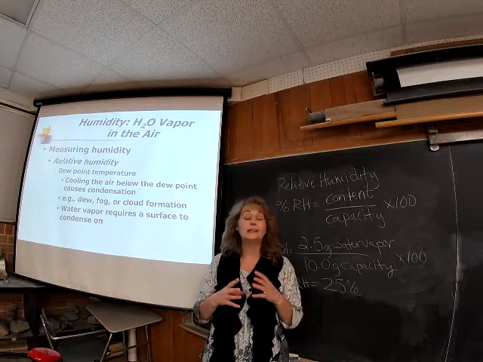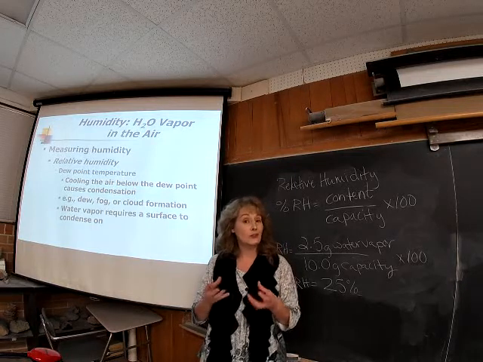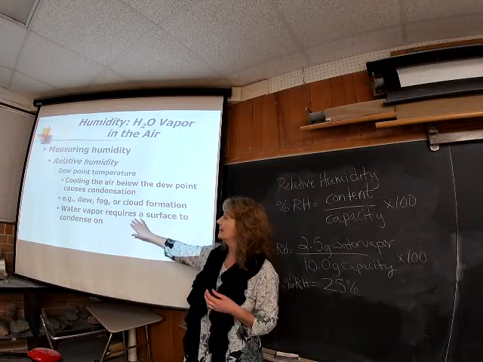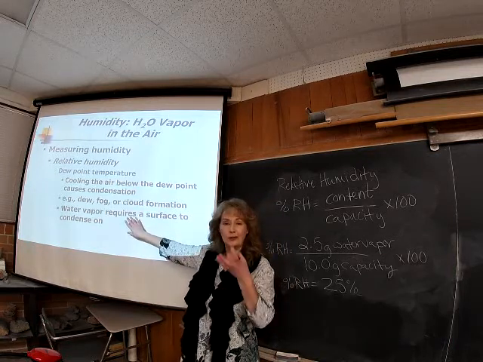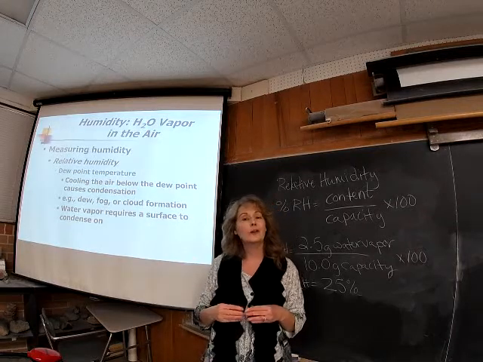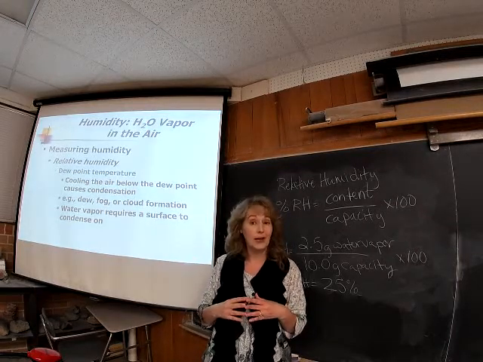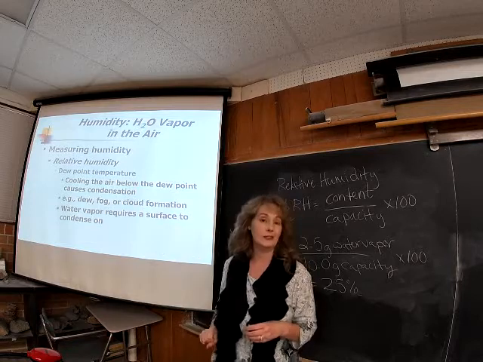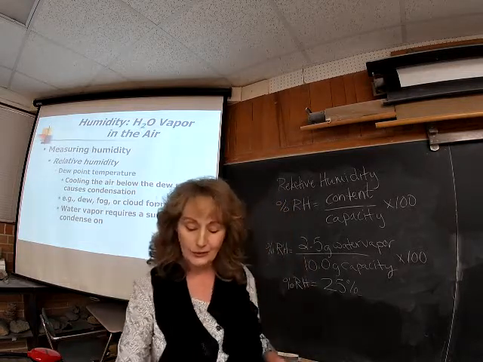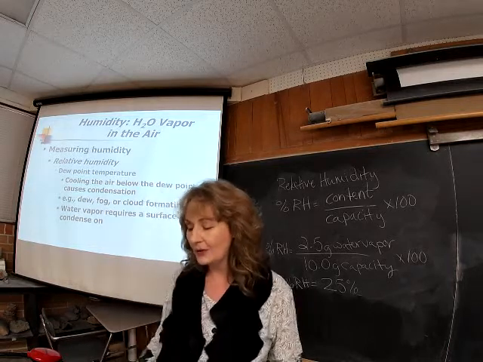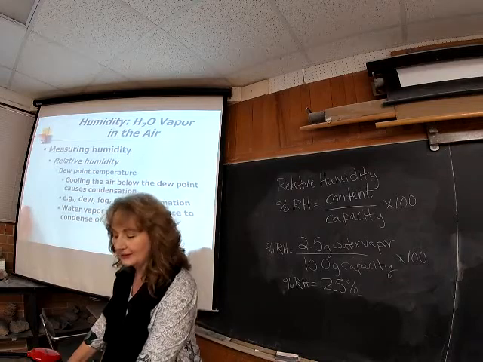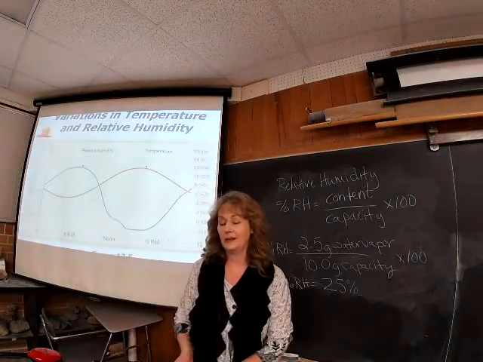So those are known as cloud condensation nuclei. They really like to absorb the water. They are attracted to the water, hygroscopic little particles. So cloud condensation nuclei are required for condensation to happen. We need a solid surface for the condensation to happen.